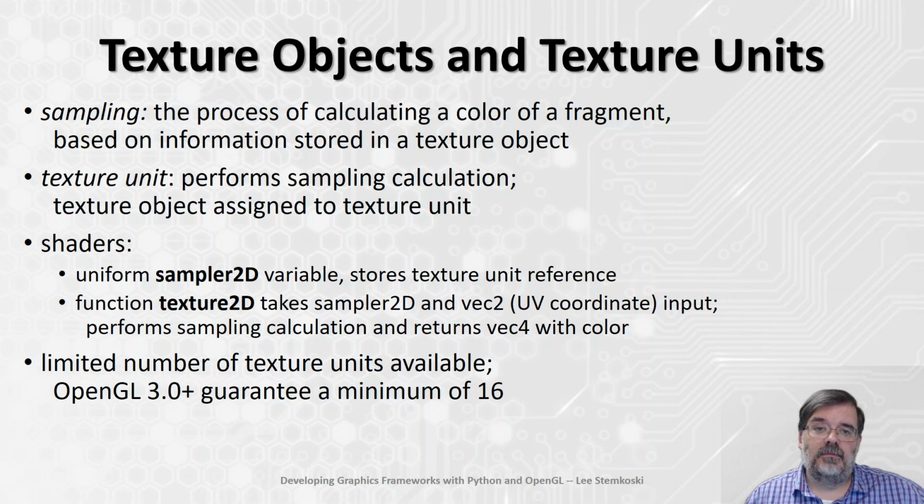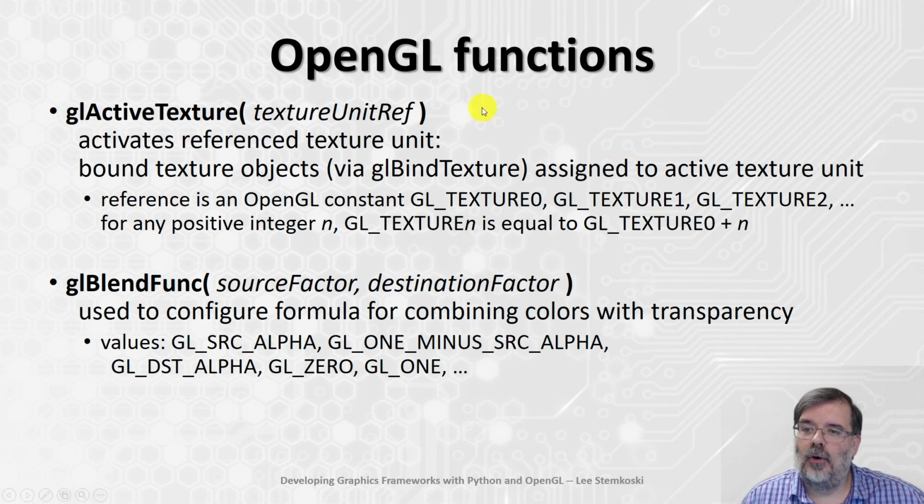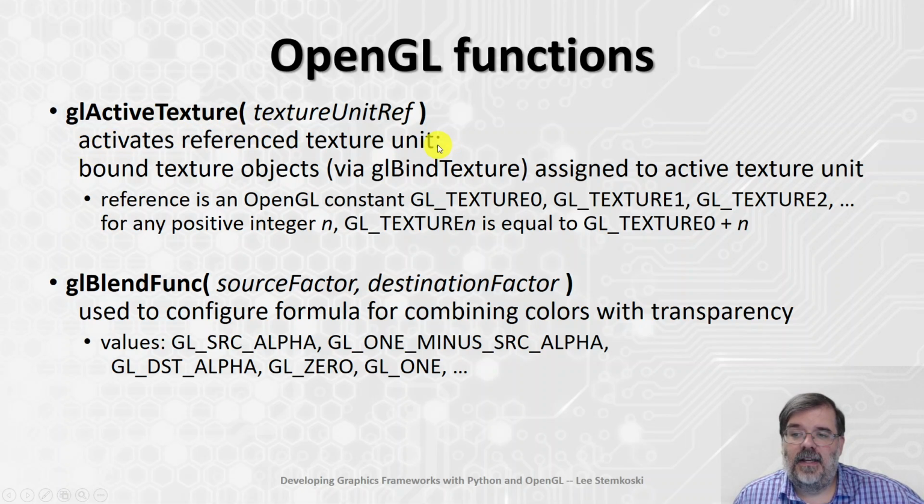All right, so in order to use texture units, there's another OpenGL function you'll need to learn how to use called glActiveTexture. And what that does is it activates a texture unit.